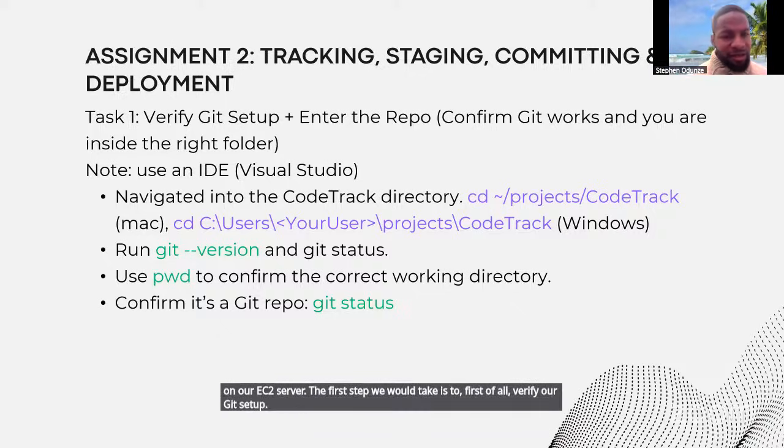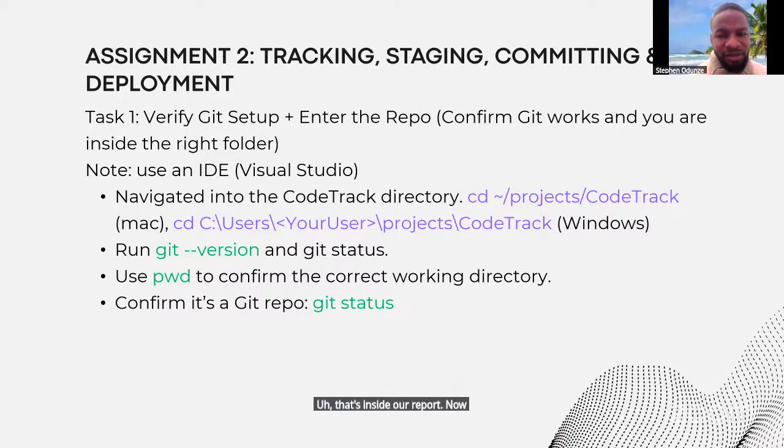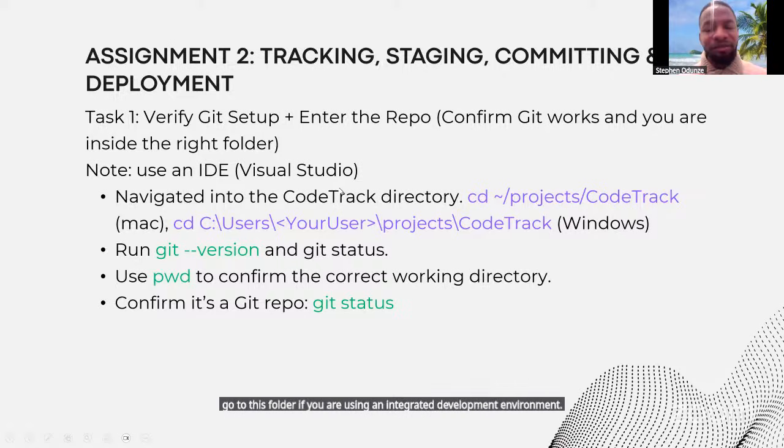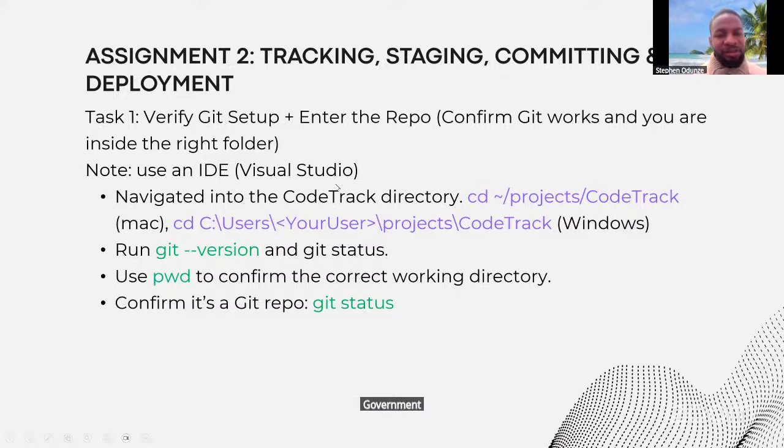That's inside our repo. Now, if you are using a Mac OS or a Windows operating system, these are some of the basic steps you would use to go to this folder if you are using an integrated development environment, IDE, such as Visual Studio.